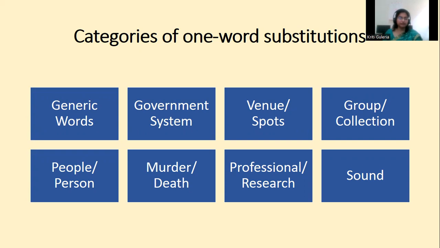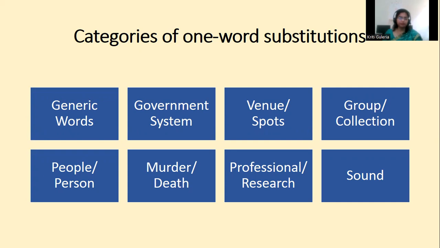Next is murder or death. The way in which these words are signified, they are again categorized into certain substitutions. Then apart from that, another category is professionals and research. People who are in one particular field or any profession or any specific area are being named with certain nomenclature.